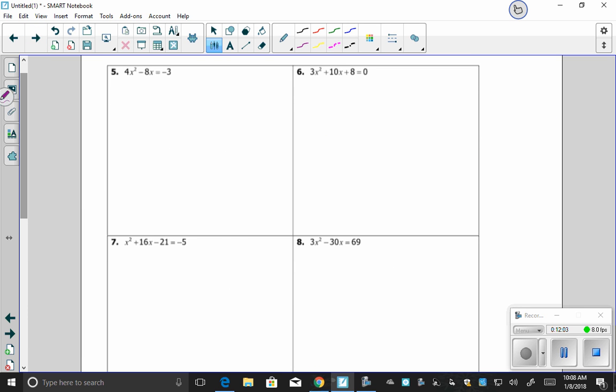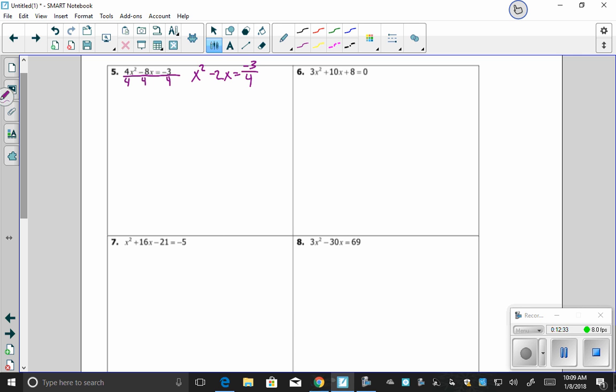Step 1. Make sure that it looks like ax squared plus bx equals c. Step 1, check. Step 2 is to divide by a. So in this case, I'm going to divide by 4. 4 divided by 4 is 1, so I'm going to have x squared minus 8 divided by 4 is 2x equals negative 3 over 4.